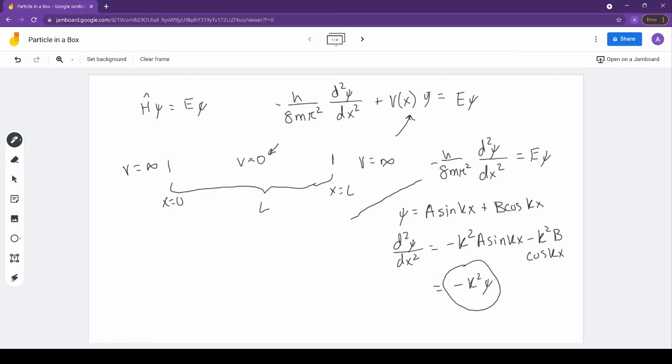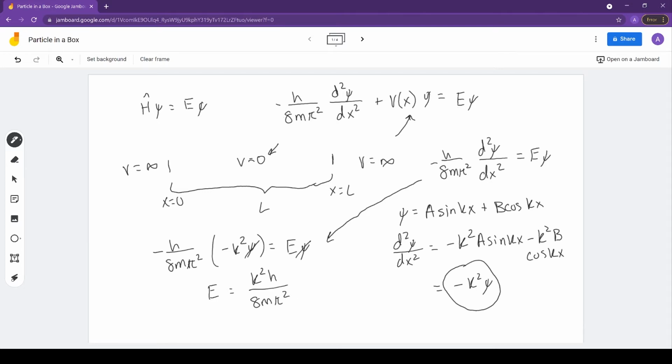So I'm going to rewrite this using that substitution. We'll get negative h over 8m pi squared times our negative k squared psi equals the energy times psi. And if we divide by psi, the wave function, on both sides, we can get what our energy term is. So our energy is equal to k squared h divided by 8m pi squared.